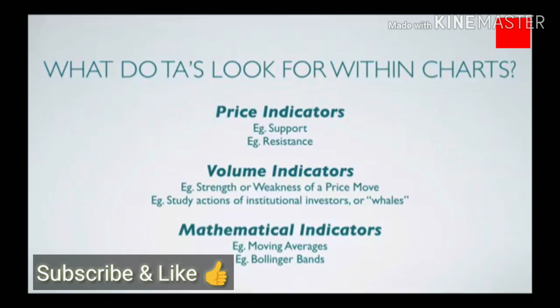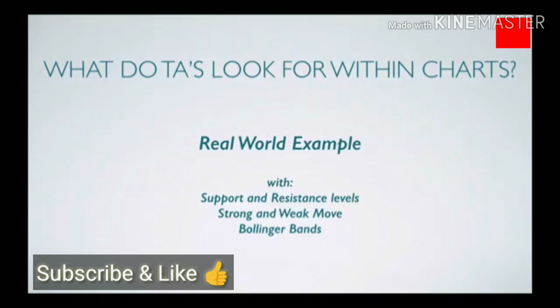When we talk about volume indicators, we're trying to find the strength or weakness of a price move, or perhaps study the actions of institutional investors, colloquially referred to as the actions of whales. And when we have mathematical indicators, we do things like put moving averages or Bollinger Bands on the price levels.